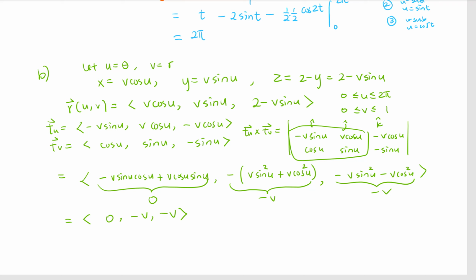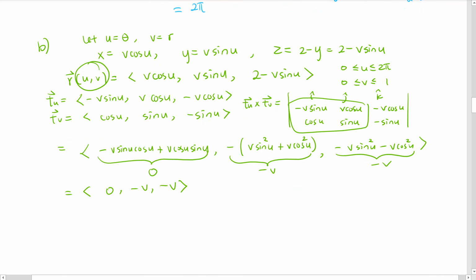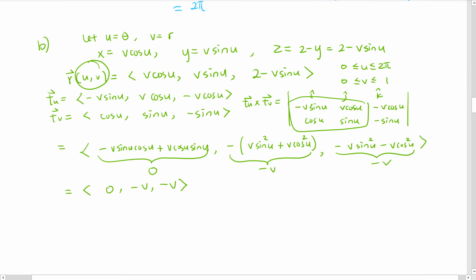Because if we switch u and v, this becomes tv cross tu, and tv cross tu is the negative of tu cross tv. So far so good, everybody? Okay, let's keep this for now and continue to evaluate.